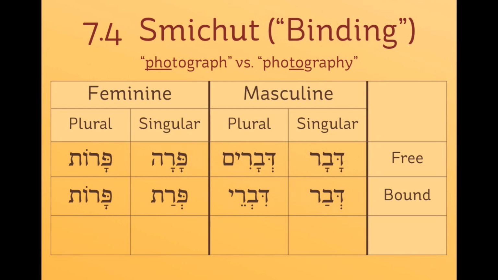Now, this whole thing with vowel reduction when a word gets longer, English has this too. So you have one word, photograph, you make it longer by adding a Y. Photography, that adds a syllable. In adding the syllable, you get an accent shift. So the accent here is photograph, and here it's photography. And when the word gets longer and the accent shifts, English also gets vowel reduction. So this initial O is pronounced fo.